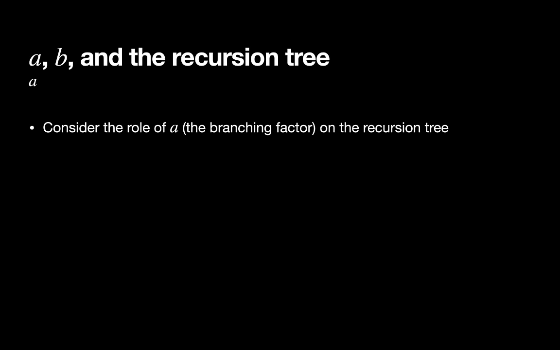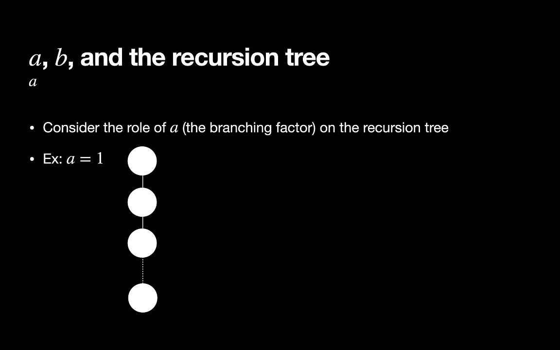Again, I'm referring to a as the branching factor because it controls how many branches our recursion tree has. We'll think about the simplest possible case, when a is equal to 1. Each instance of our recursive function may call just one other instance, which may call another instance, and so on. So we essentially get a linear approach.